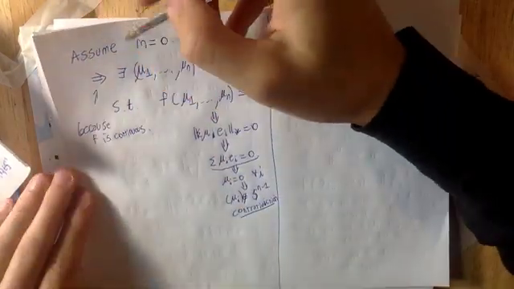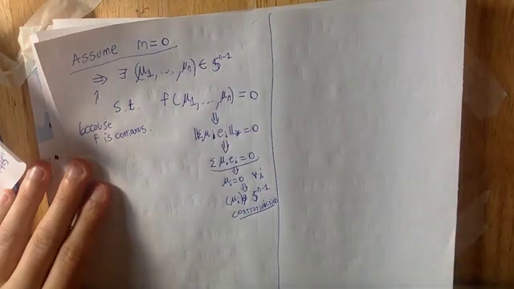So this is a contradiction that came out of assuming that m is equal to 0.